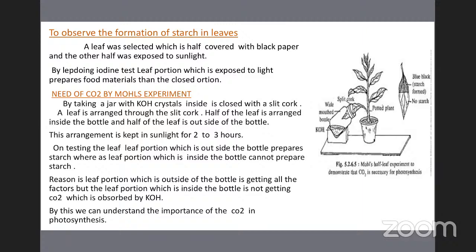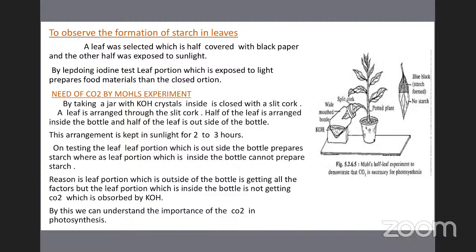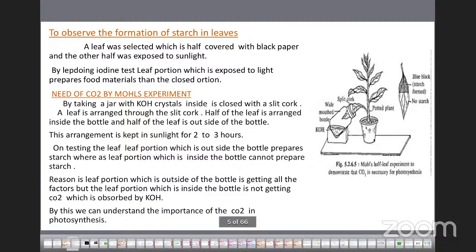The first one is Moll's half-leaf experiment, in which a leaf is tested by inserting half of the leaf into a bottle and leaving half outside the bottle. In this experiment, the half of the leaf inside is not able to synthesize starch because of the lack of carbon dioxide, which is absorbed by potassium hydroxide crystals.